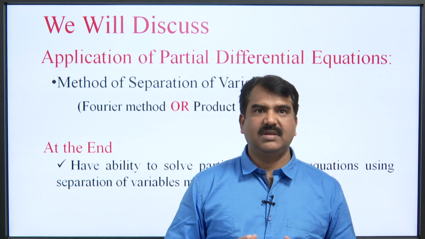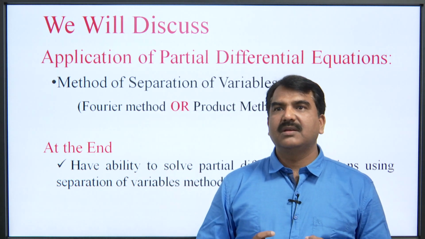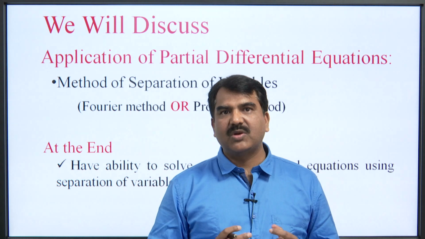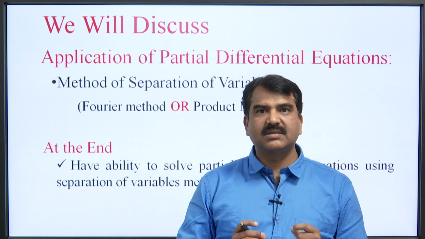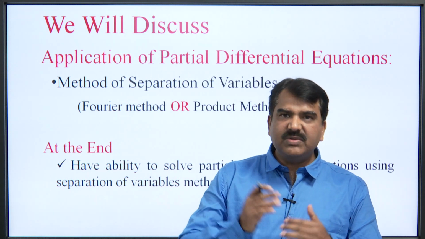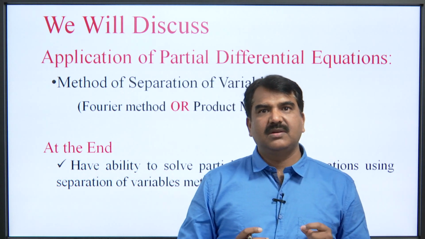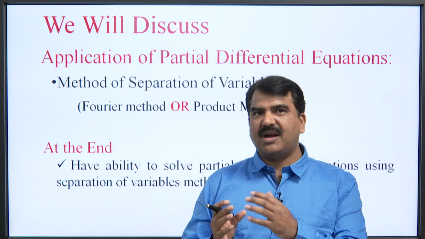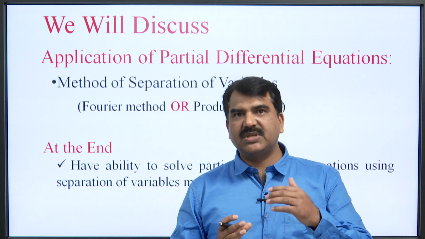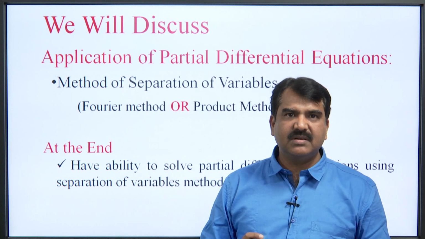This method is also known as the Fourier method, because sometimes, to evaluate the constants using the boundary conditions, we use the Fourier series. By using the Fourier series we evaluate the constants obtained in the solution by this method. So, sometimes it is called the Fourier method.